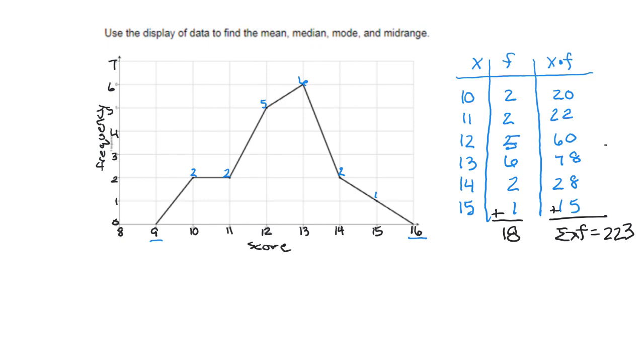So to find our mean, our x bar, we take 223 divided by 18, and that will give me 12.4. And this is my mean.